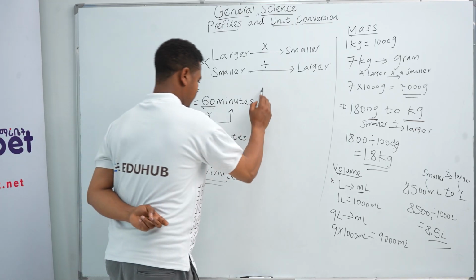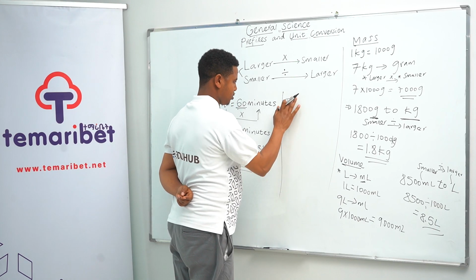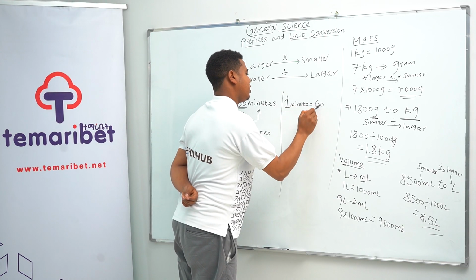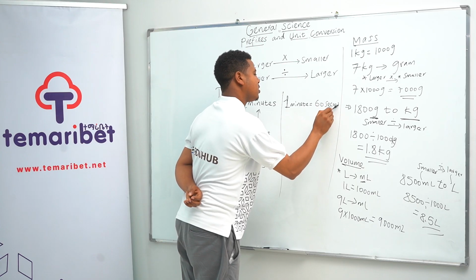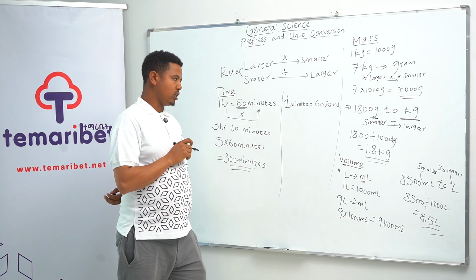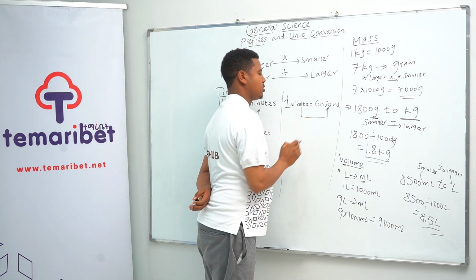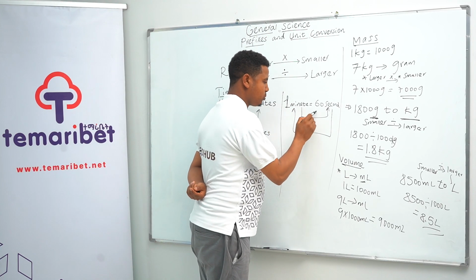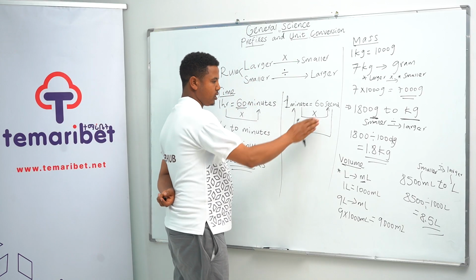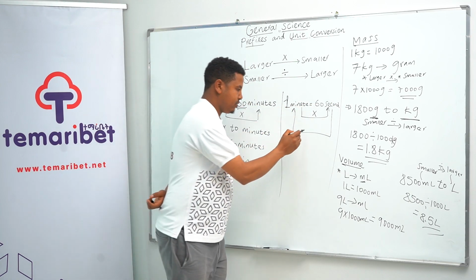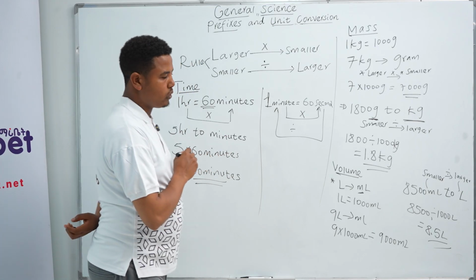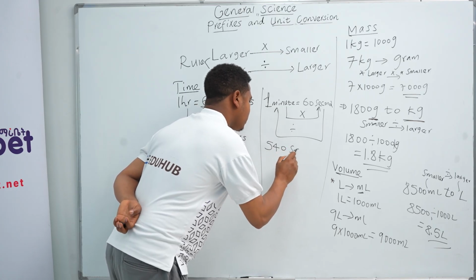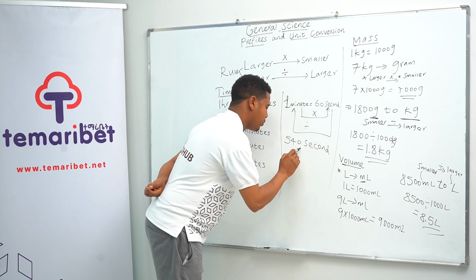The other one is 1 minute is 60 seconds. So if you are going to change minute to second or second to minutes, we just apply the rule. If you are going to change minute to second, we just use multiplication. And if you are going to change from second to minutes, it is division, because second is the smaller unit. For example, if the given unit is 540 seconds, change it to minutes.